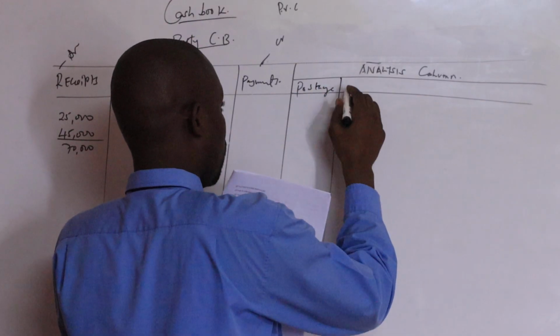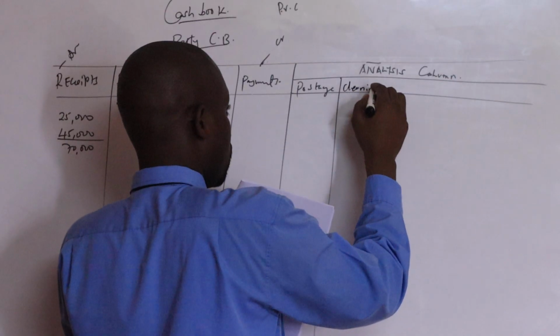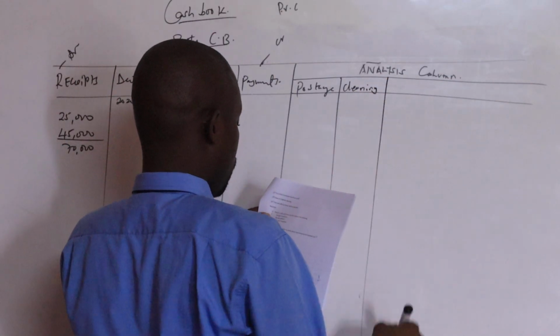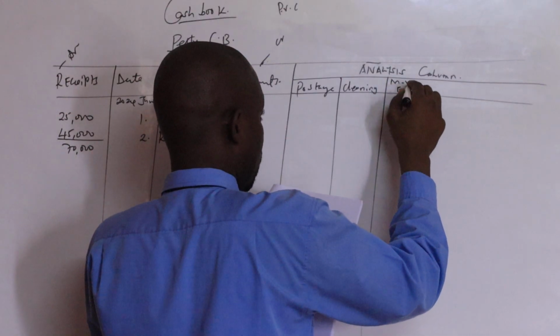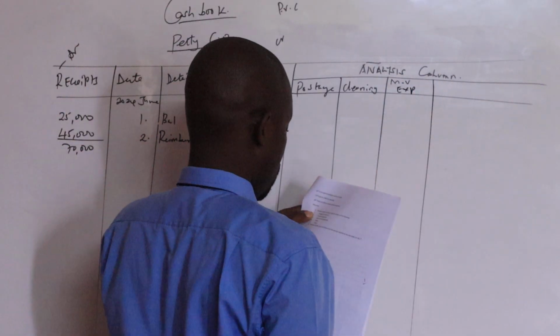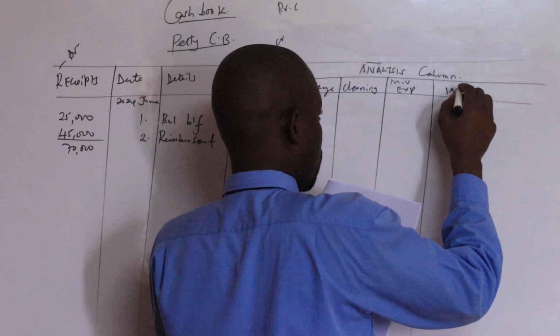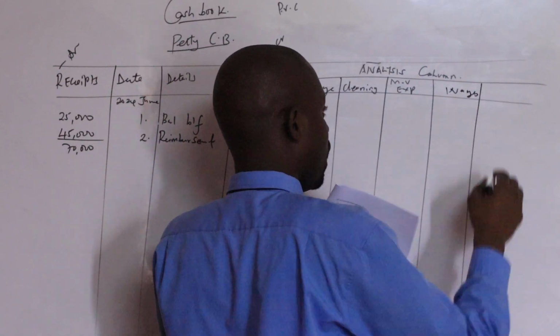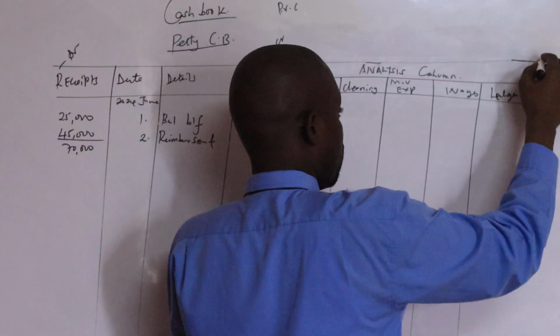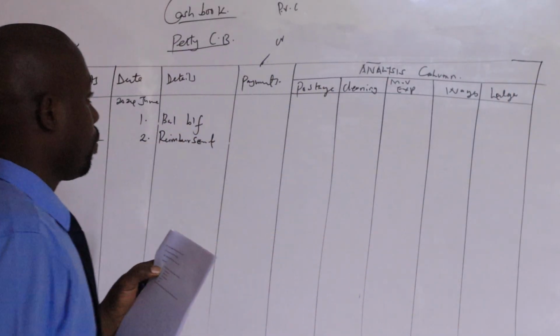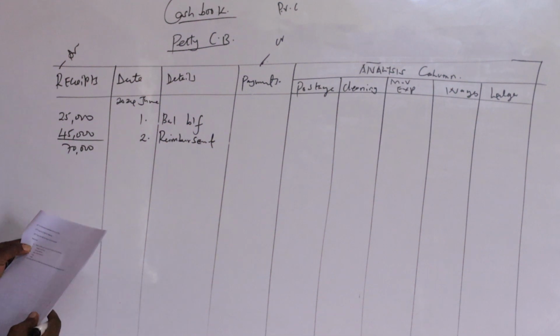Second one, cleaning expenses. Third one, motor vehicle expense, so MV expense. We've got wages, and then the ledger. Ledger is where we record the amount that has been paid to any creditor, any supplier on credit.